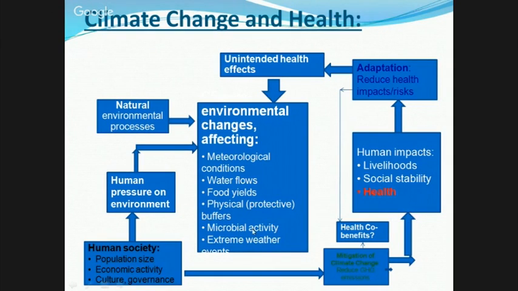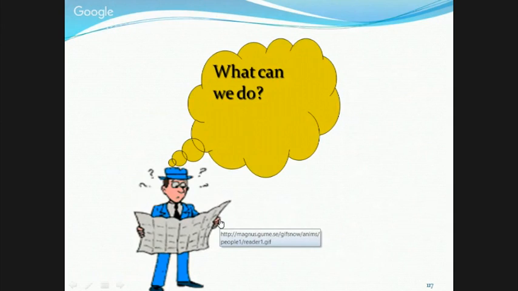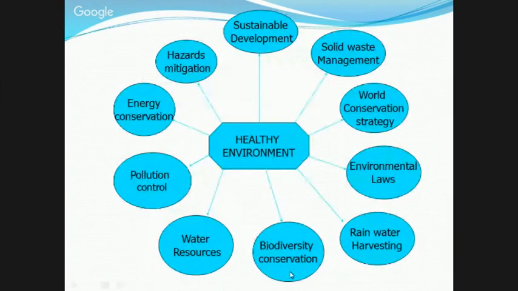Again, we already discussed these various effects on society and on health due to climate change. And what can we do? We have to ensure sustainable development by having a healthy environment.